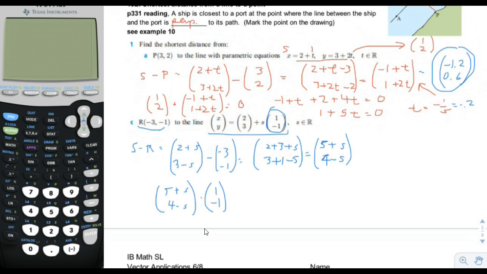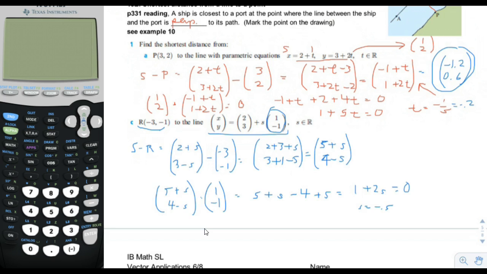That gives 5 plus s minus 4 plus s, which is 1 plus 2s. So when is the scalar product equal to 0? When s is equal to negative 0.5.